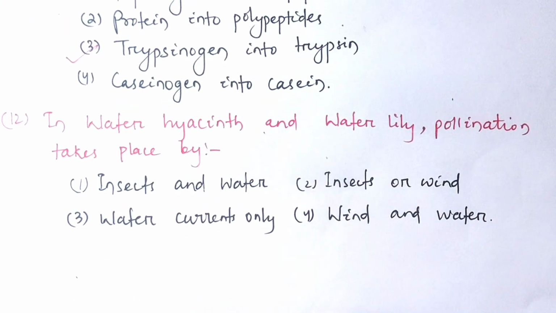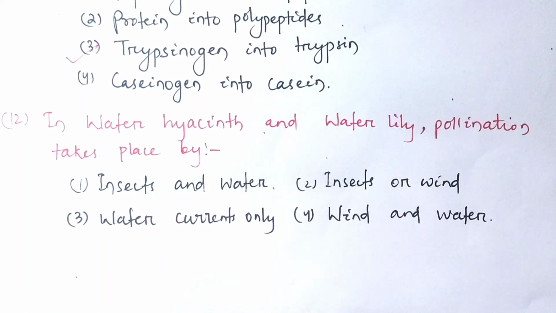Then question number 12. In water hyacinth and water lily, pollination takes place by option 1 insects and water, option 2 insects or wind, option 3 water currents only, and option 4 wind and water.